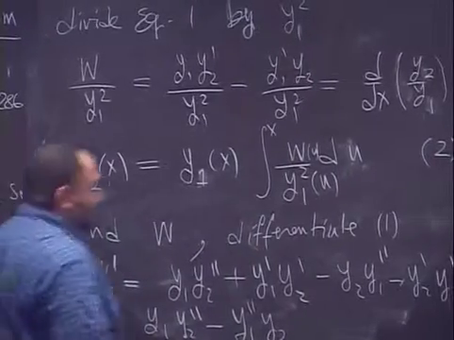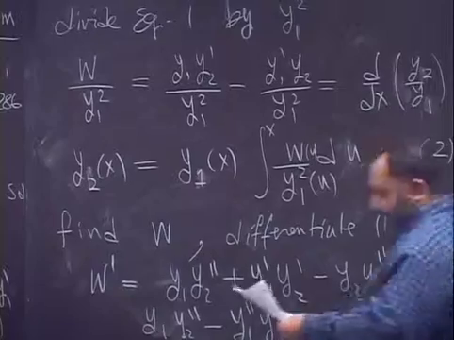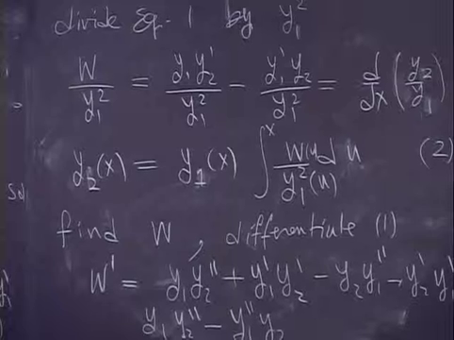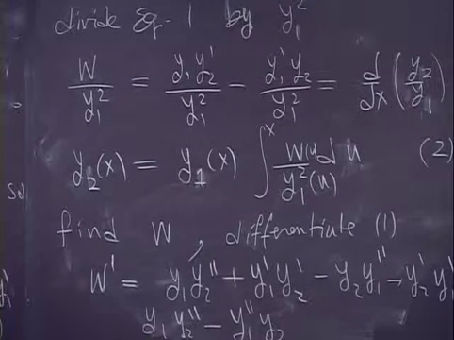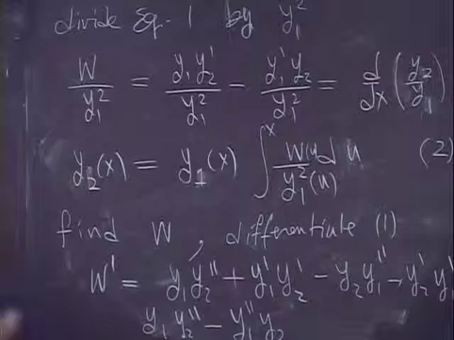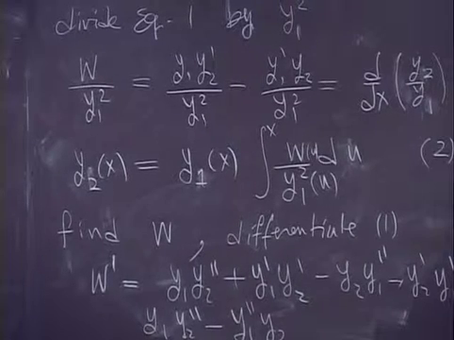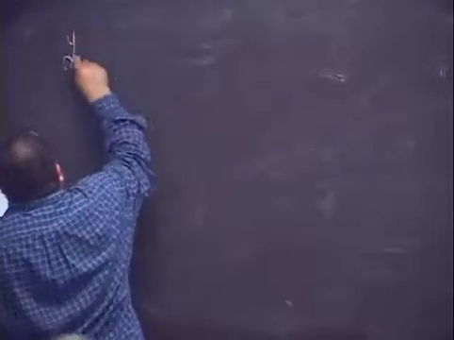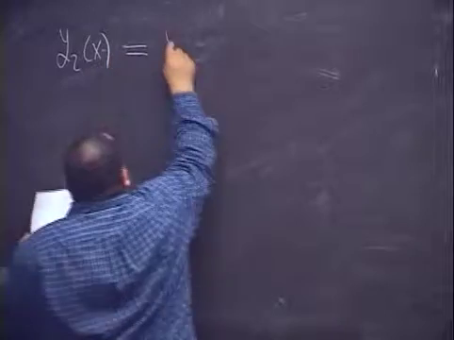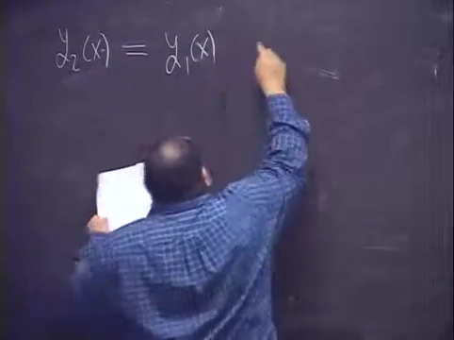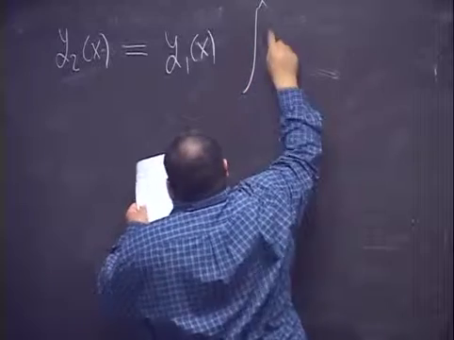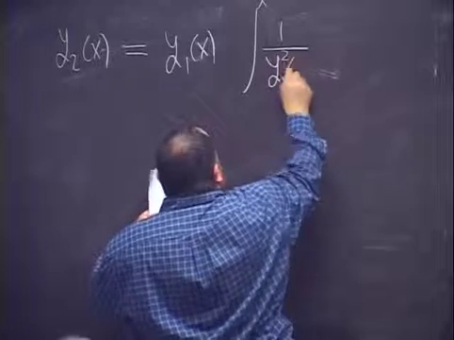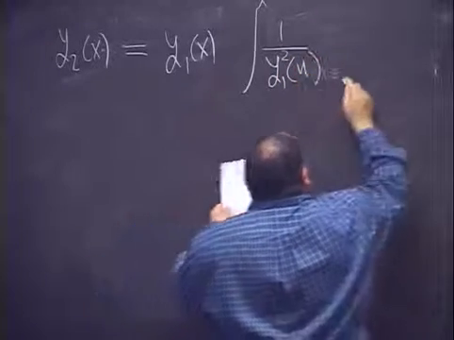And then we will get the final formula for y2. y2 of x will be just y1 of x multiplied by the integration over x of 1 over y1 squared of u multiplied by the Wronskian.